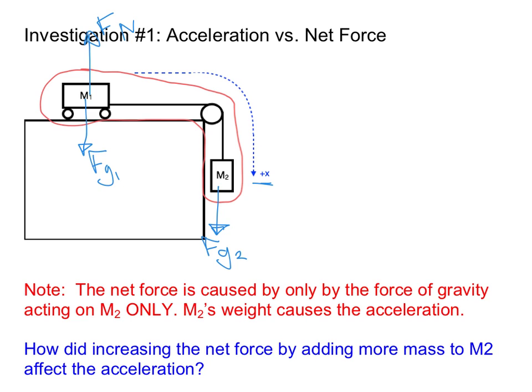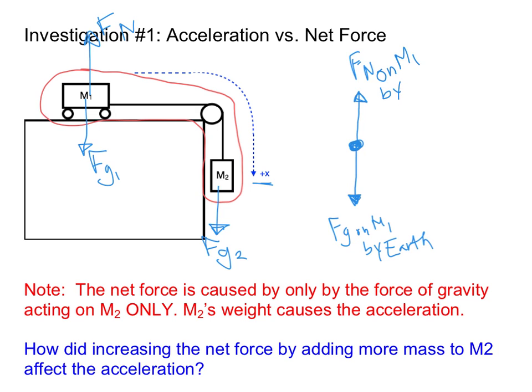Okay, now making a more formal force diagram, what we have here is in the y direction. Now this is from the perspective of cart 1, anything sitting on the table. We have Fg on M1 by Earth. We have the normal force on M1 by the table.